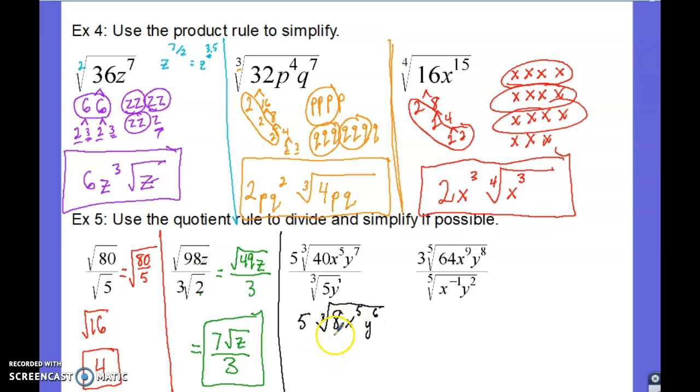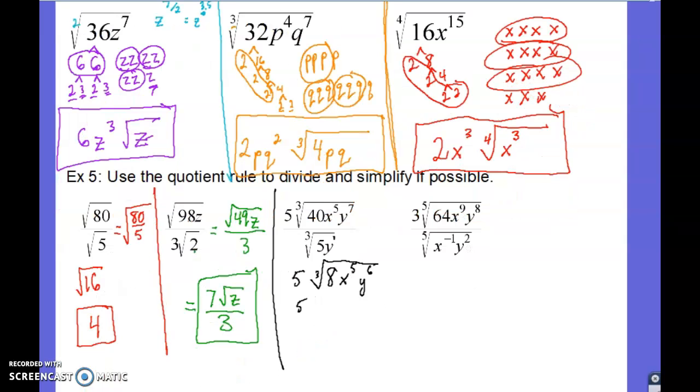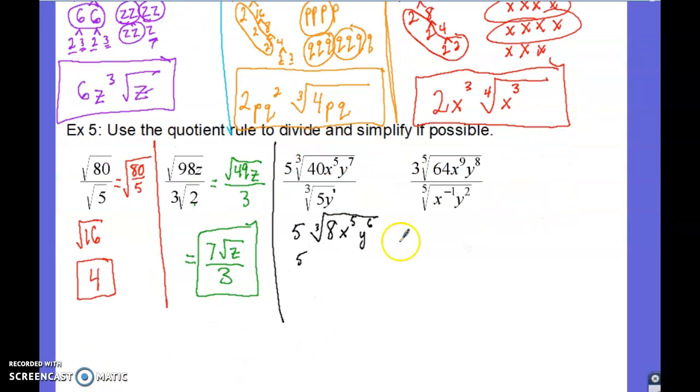Now as I work through this, I know the cube root of 8 is 2. Let me just show that step. So that can move in front. I have one group of 3 x's. I have 2 groups of 3 y's. But I have a few x's left over.